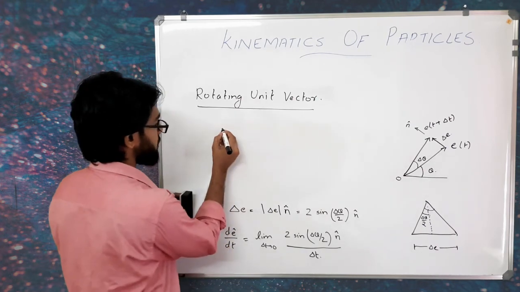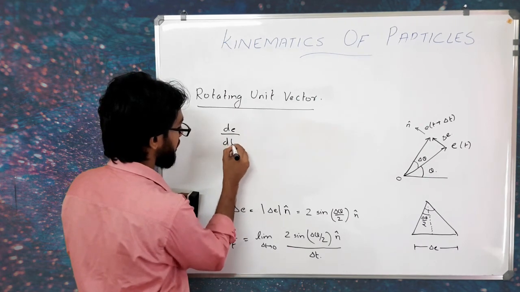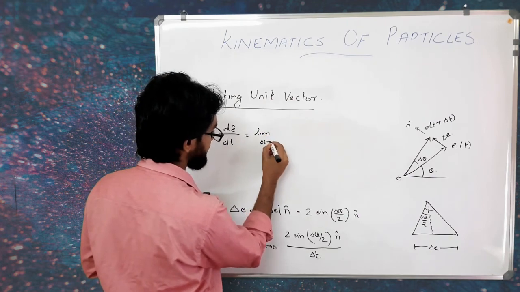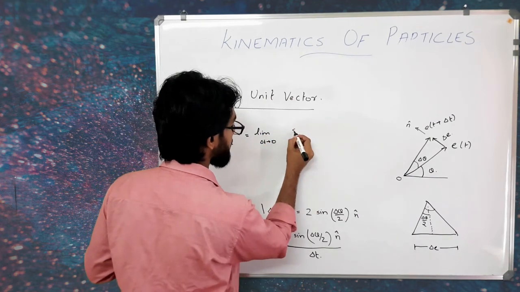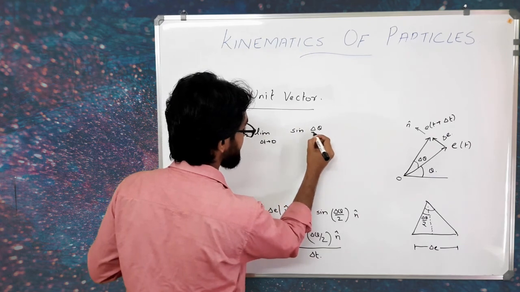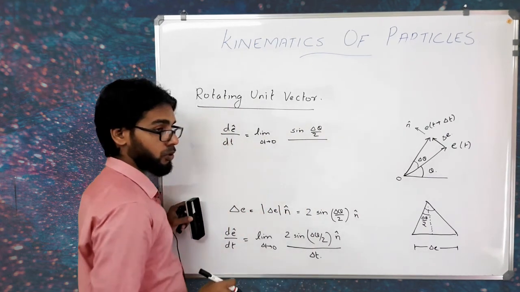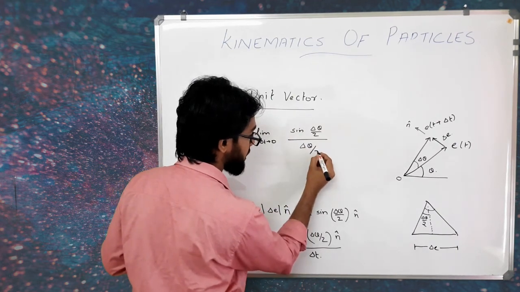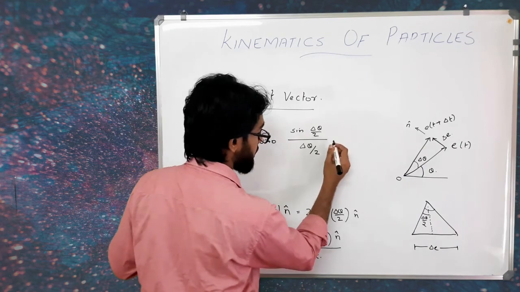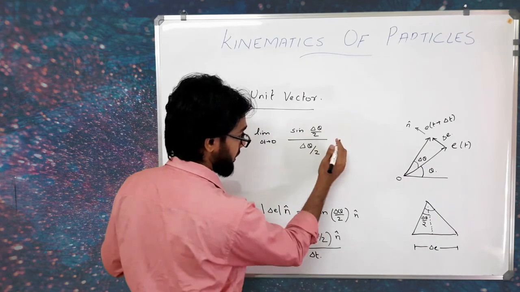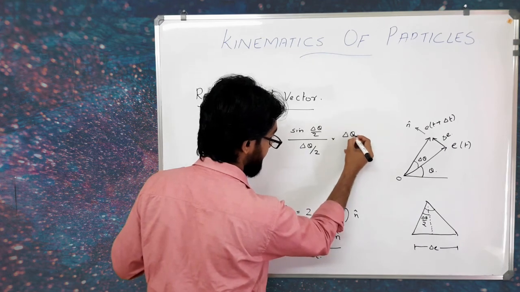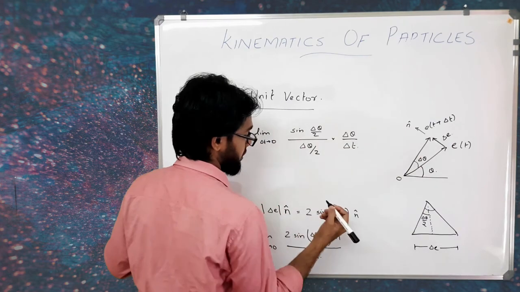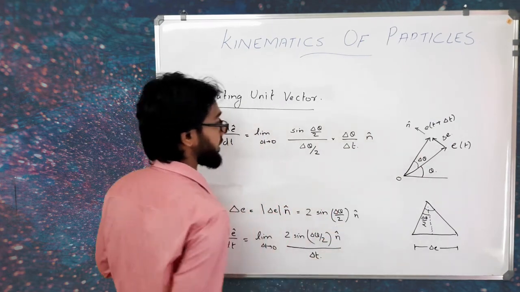This is equal to the limit as Δt tends to 0 of sin(Δθ/2) divided by Δθ/2 — the 2 here I bring down — and the remaining Δθ I multiply again by Δθ, and this Δt will come here, multiplied by the n cap.